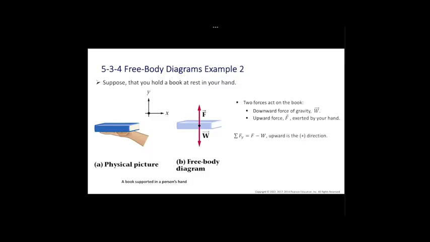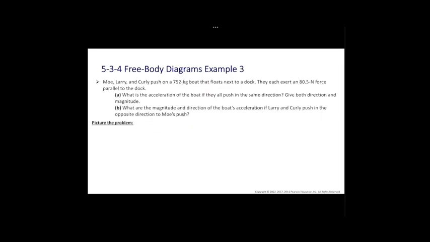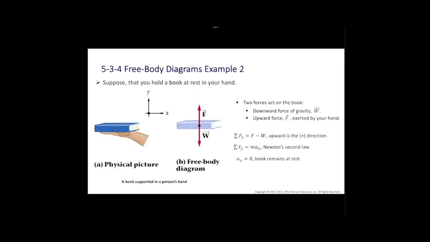Then we can apply Newton's second law, sigma Fy equals m a y. The book is at rest, therefore acceleration is 0. Therefore F minus W is equal to 0, and in this case F is equal to W. The downward force is equal to the upward force.